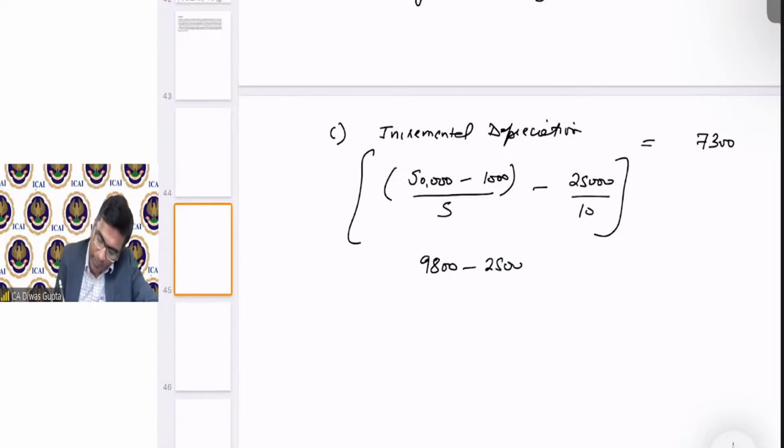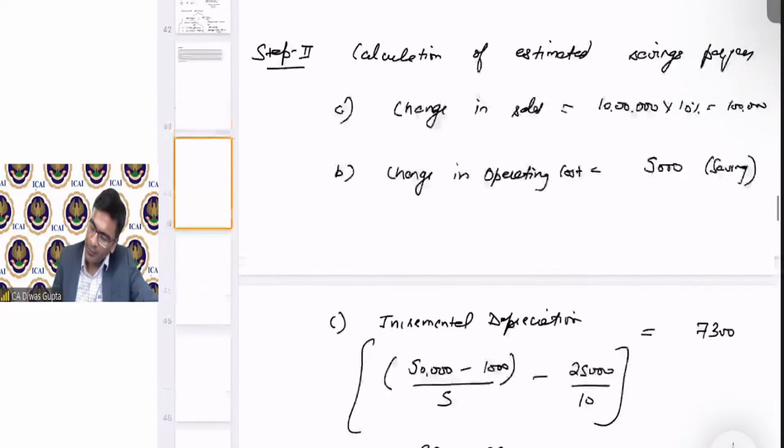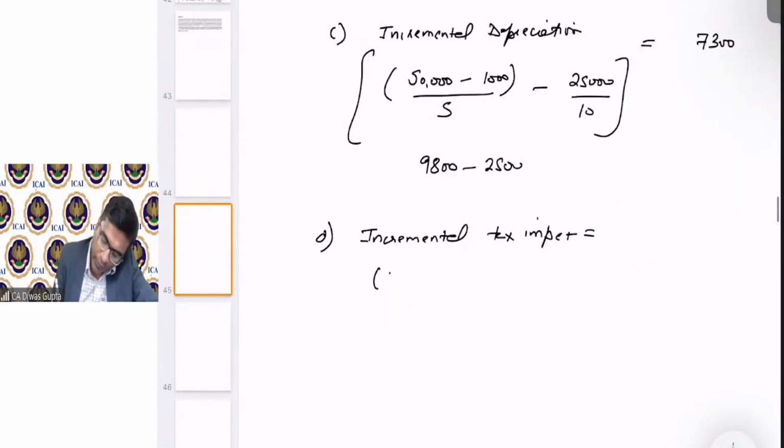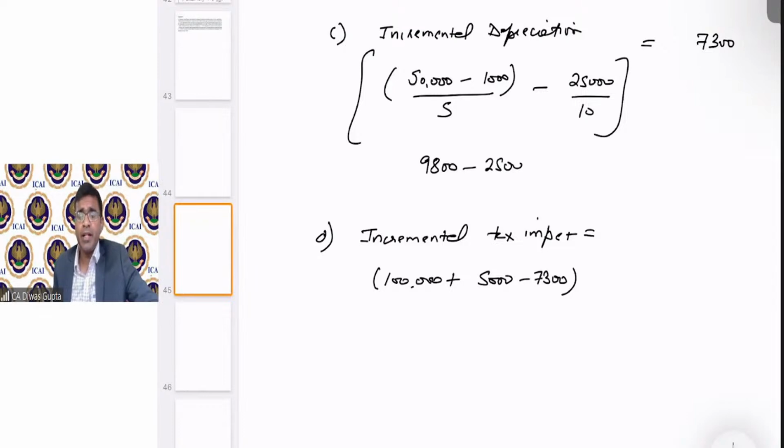Okay. Then D, incremental tax impact. That will be how much? So 1 lakh I'm getting extra. 5,000 also I'm getting extra, minus 7,300 I'm getting extra in terms of depreciation, into 30%.